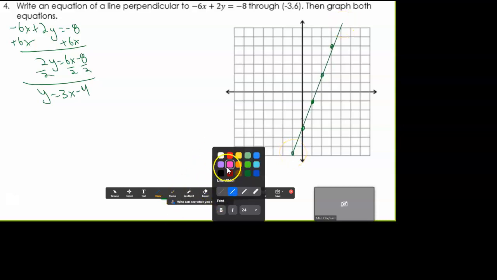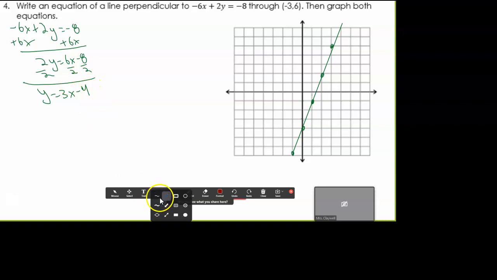Okay, now let's put some work into finding the perpendicular. My slope that's perpendicular is the negative reciprocal. There's my point.